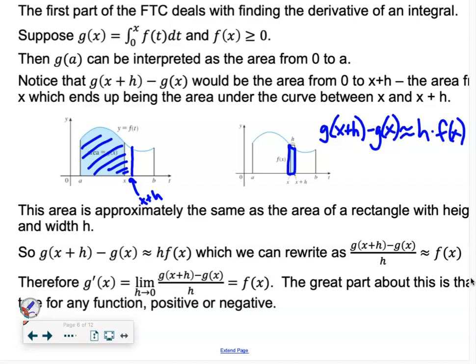Okay. So what if we took this h and put it down there? Well, then we have g of x plus h minus g of x over h equals f.